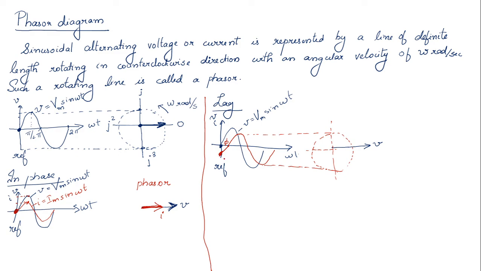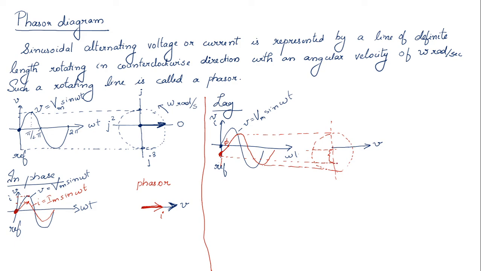So how should I draw? You can see here that the value of current at this point is the instantaneous value, which becomes the y image of the phasor. So I'm taking this point, the reference point. At reference, the value is this much. So this will be the image the phasor makes on the y-axis.